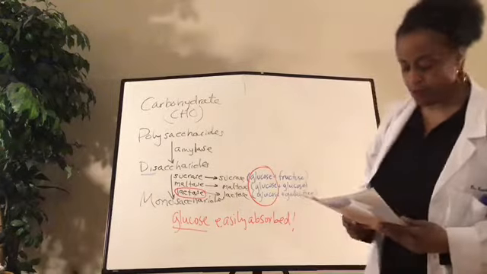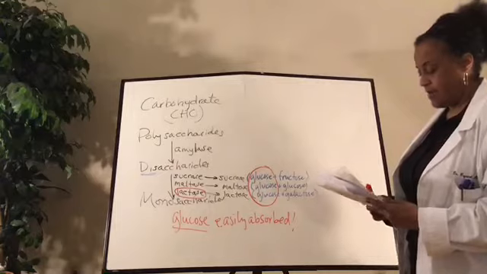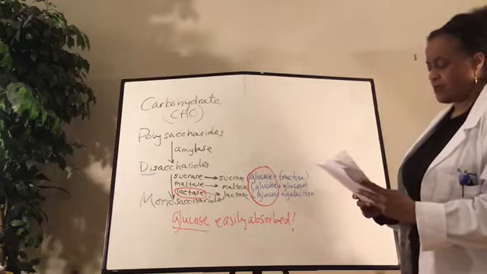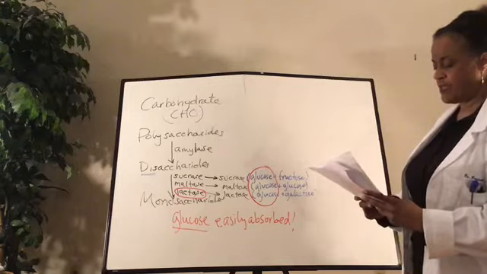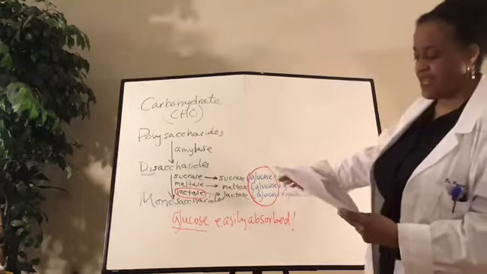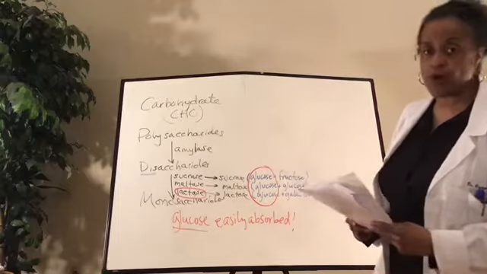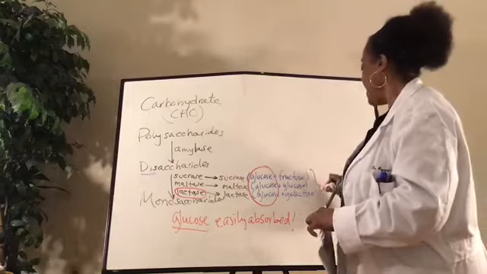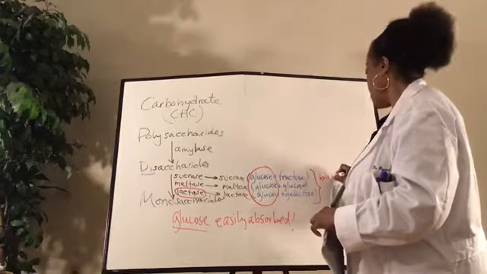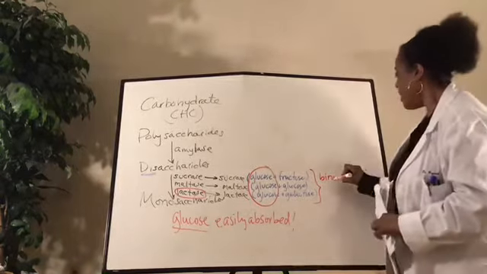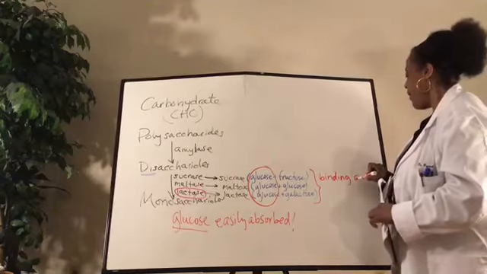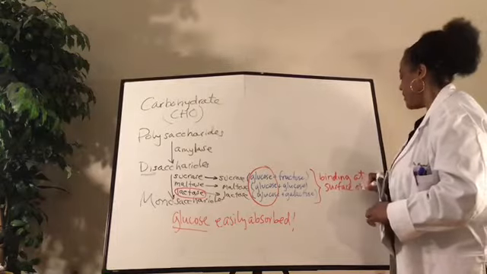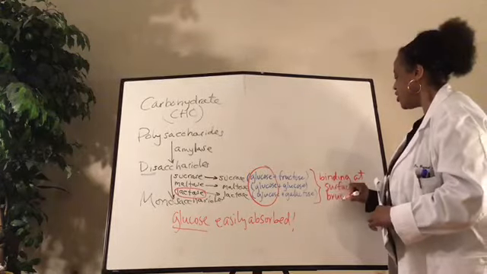All right, I want you to remember that these enzymes bind at the surface of the brush border. Please know that is contact digestion. Binding at the surface of the brush border.